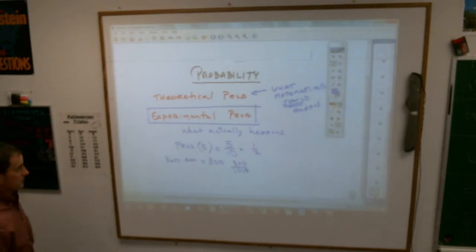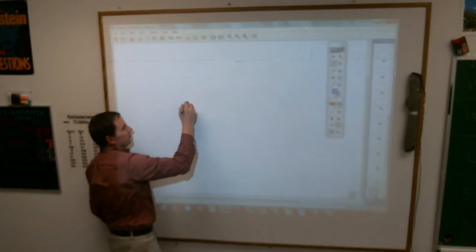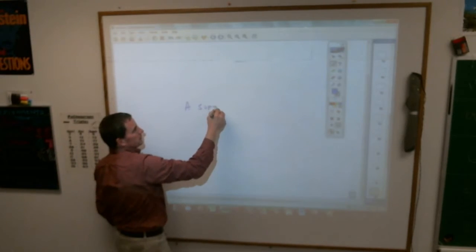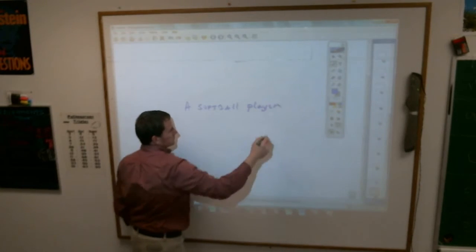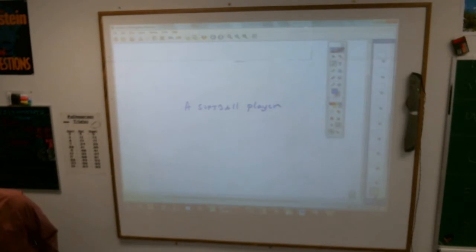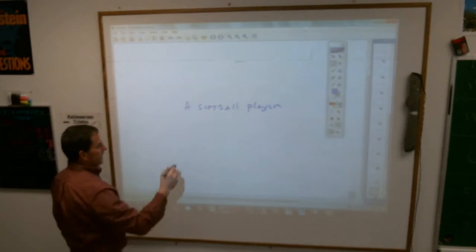Right out of the book it says this: a softball player hits 21 out of 60 at bats.